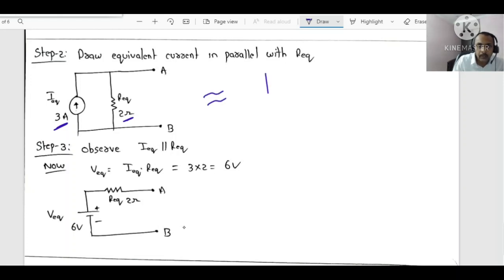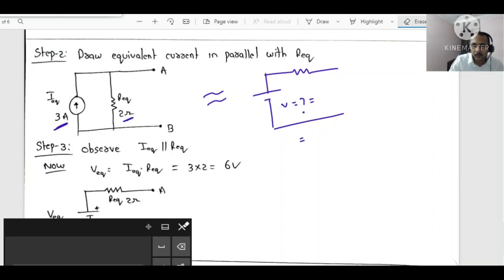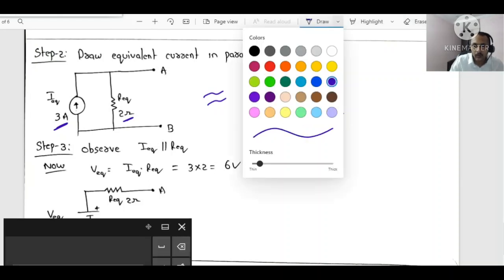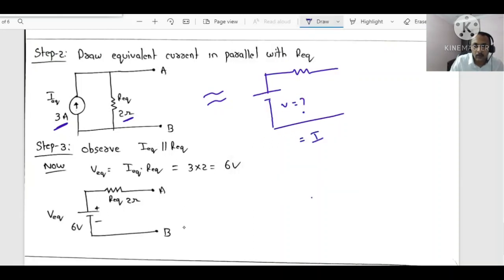This can be transformed to a single voltage source in series with the resistor, but this value of voltage must be equal to I into R. This value must be equal to I equivalent into R equivalent. In this context, I equivalent is 3, R equivalent is 2, so 6 volts. So this circuit is also same as 6 volts.